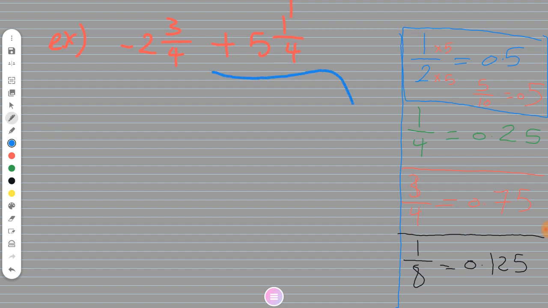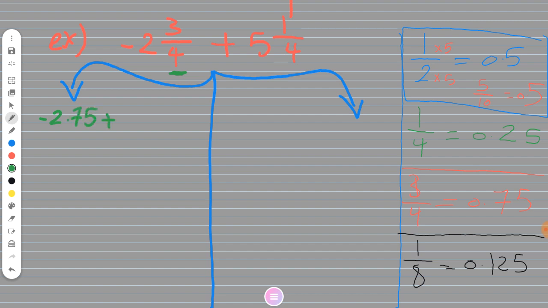Okay, so I have two ways to solve this problem: one in the fraction form and one in the decimal form. If I choose to start with the decimal form, instead of putting 3 over 4, I will put what? Yes, -2.75.